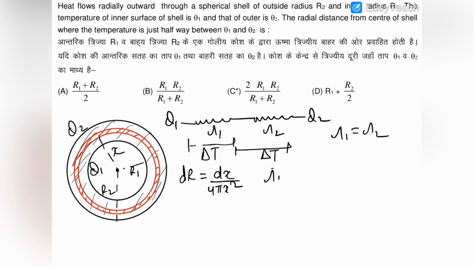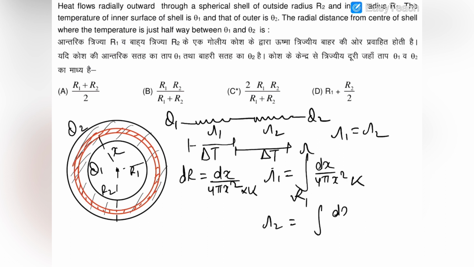So the resistance r1 will be integration dx upon 4 pi x square into k, where k is the thermal conductivity, and the limit of this would be from R1 to r. We are assuming that till this point the radial distance is r. And the resistance r2 will be equal to integration dx upon 4 pi x square k from r to R2.